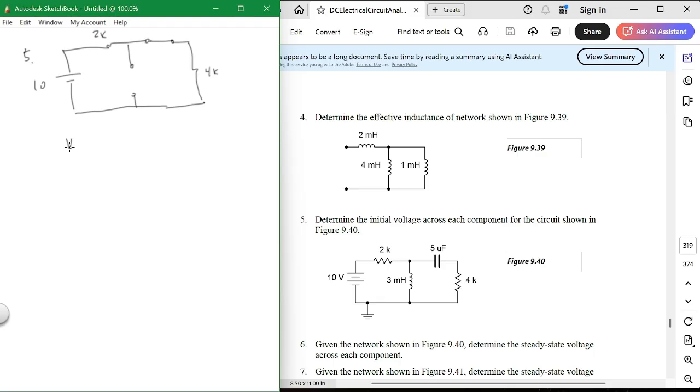Voltage across the 2K is 2 over 2 plus 4 times 10, or what? 3.33 volts. Now, what's the voltage across the 4K? It's what's left. So you go around this loop, it has to add up to 10. It's 6.67 volts.